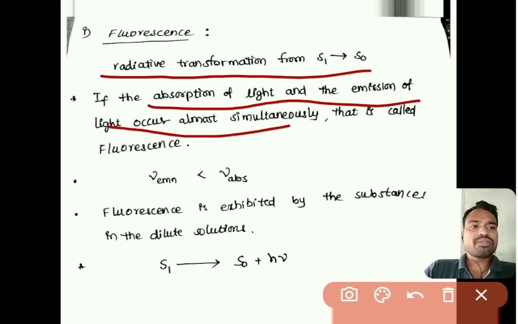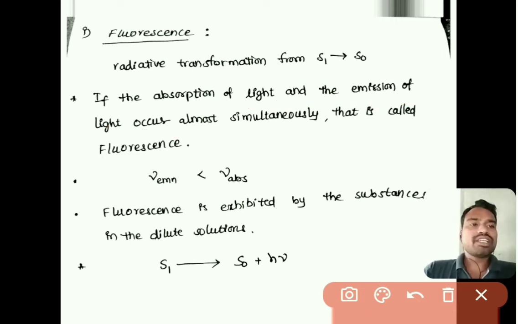If the absorption as well as the emission both occur simultaneously, that kind of process is called fluorescence. Why do those occur simultaneously? Because S1 as well as S0 are energy states of similar spin multiplicity. So there is no change in spin multiplicity between these two states.